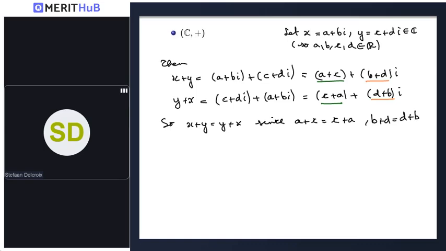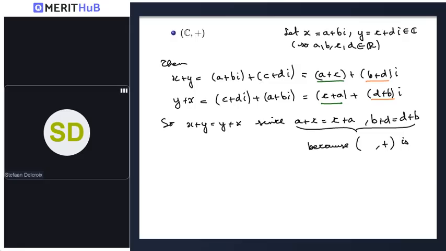And why is this true? Commutative property of which set and which operation? The addition of which set?